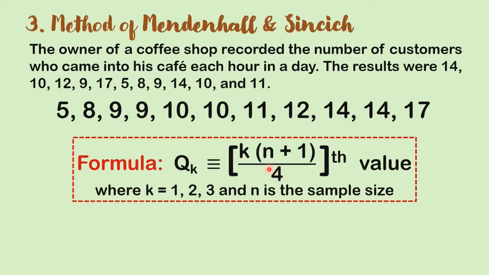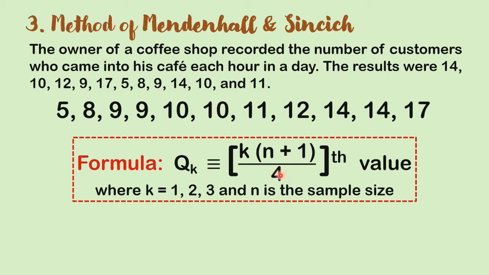When we discuss deciles, ito naman kinakat yung data into 10 equal parts. So itong denominator magiging 10. And then kapag percentiles, dine-divide natin ang data into 100 equal parts. So, ibig sabihin, itong 4, papalitan nyo naman ng 100.